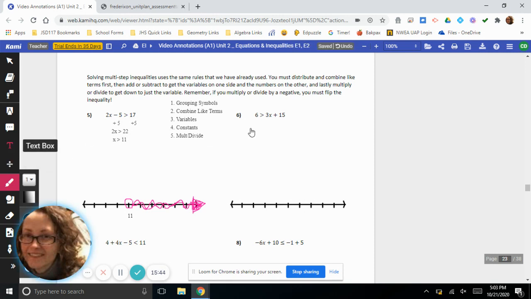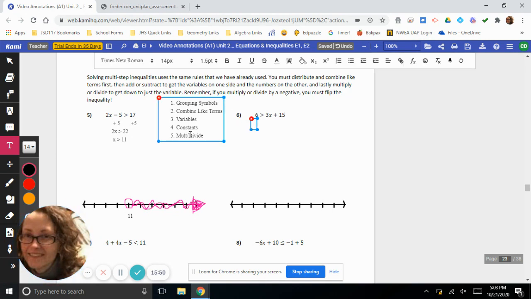So looking at question number 6, looking through my steps, the first thing I want to do is subtract 15 from both sides so that my constants all end up on one side of the inequality. And I have -7 is greater than 3x.